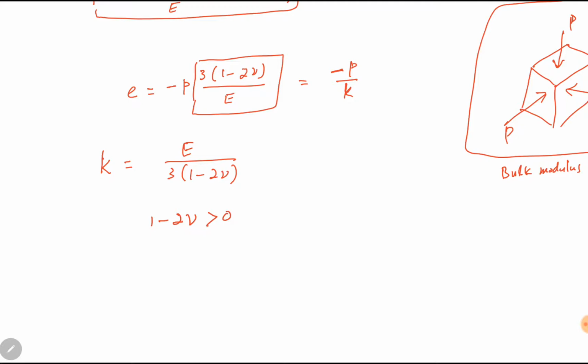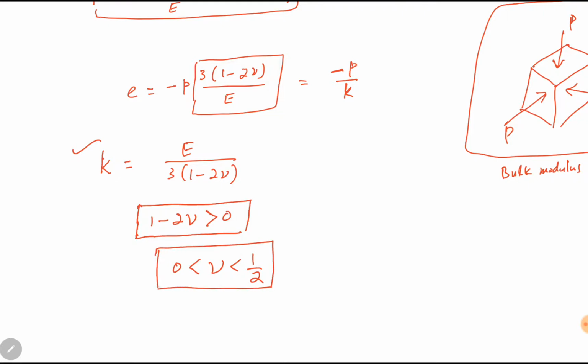This means nu should vary between 0 and 1 by 2. If nu is greater than 1 by 2, then this value can be less than 0 and this term can be negative. So in order to keep the value of K positive, nu should vary between 0 and 1 by 2.